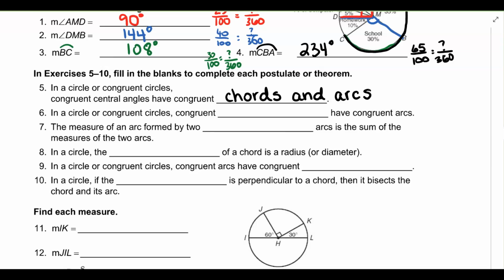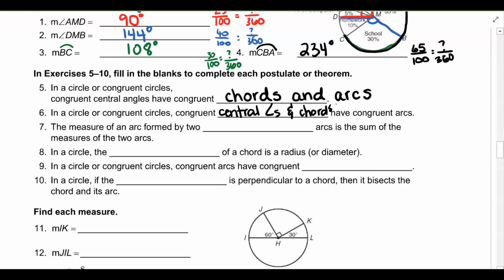Next, in a circle or in congruent circles, congruent blanks have congruent arcs. That's going to be central angles and chords. Right? All three go together.